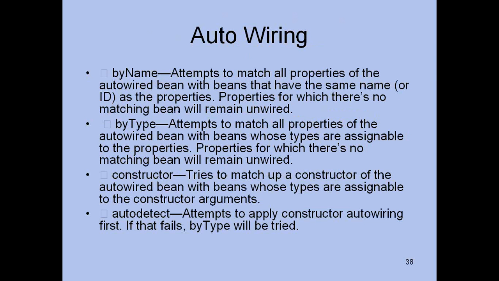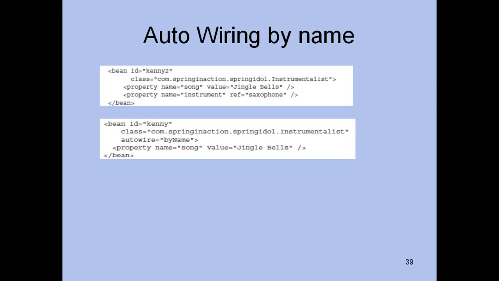We talked about auto wiring. There are 4 types of wiring here: by name, by type, constructor and auto detect. By name attempts to match all properties of the auto wired bean with beans that have the same name as the properties. So the way to define by name is autowire equal to byName.